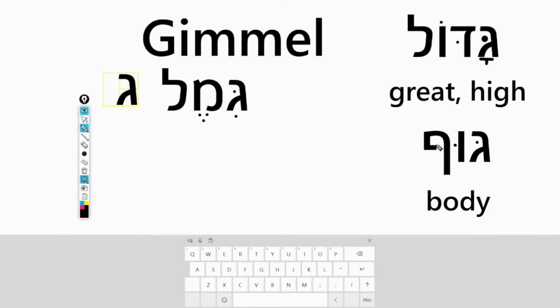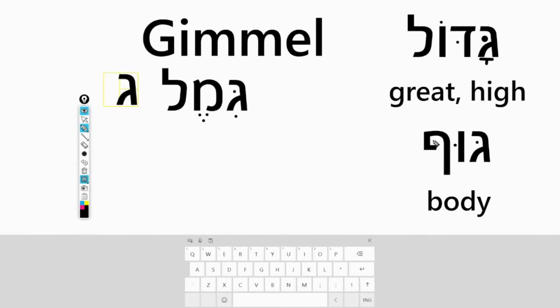Okay, and so this would be goof. You have the fricative sound because the pay here, this is the final pay as a matter of fact. Look at the other letters and you can see this goes down below. So that is a final pay.